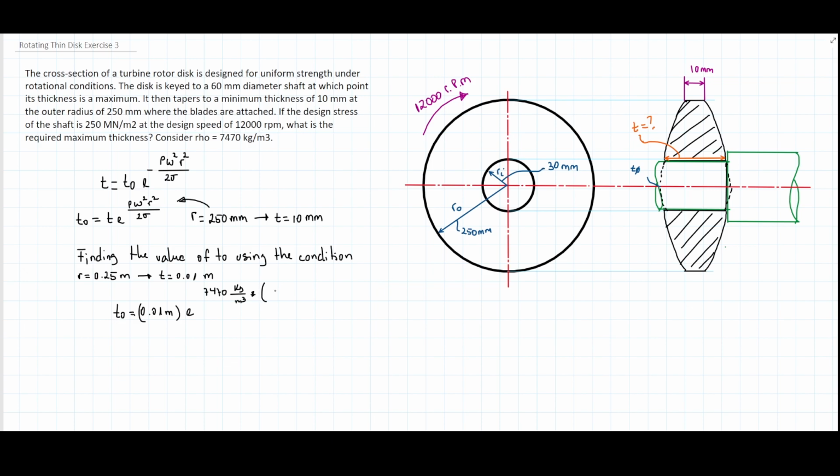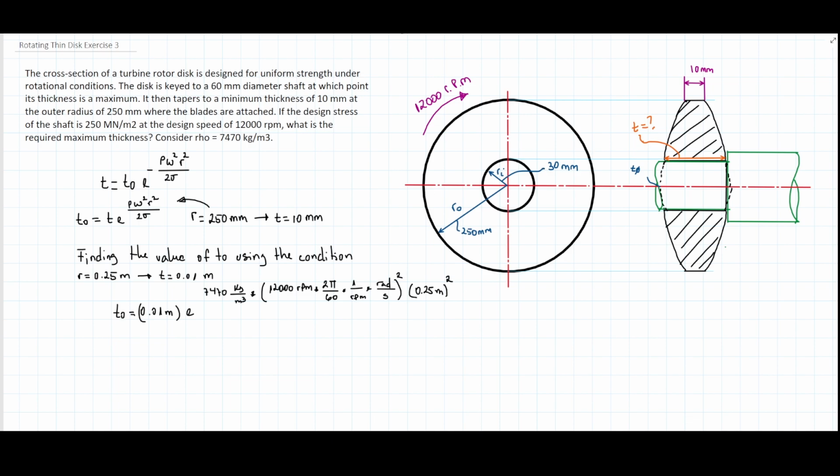I need to change that from RPMs to radians per second. So I could say 2 pi divided by 60, as a unit conversion, times radians per second, and this is squared. And then the radius squared, which is 0.25 meters, squared.